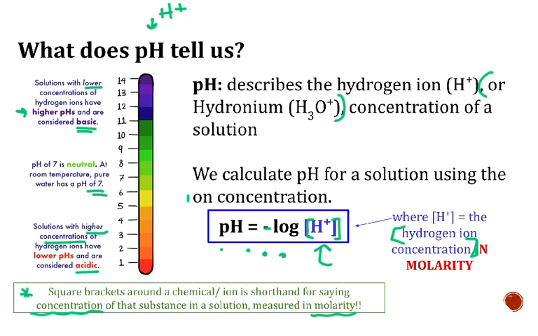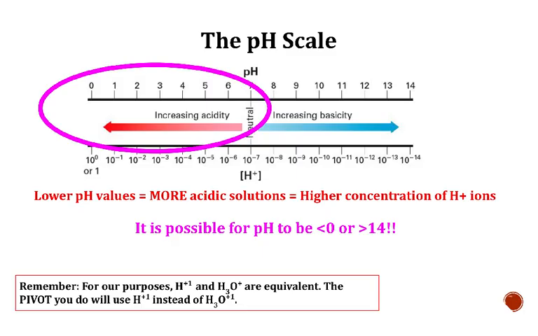So if you have a lot of H plus ions, that is going to tell you that you have a really acidic solution. So that pH scale, lower pH values, so 0 to 7, 7 being neutral. Lower pH values mean those solutions are more acidic, so there's a higher concentration of H plus ions.